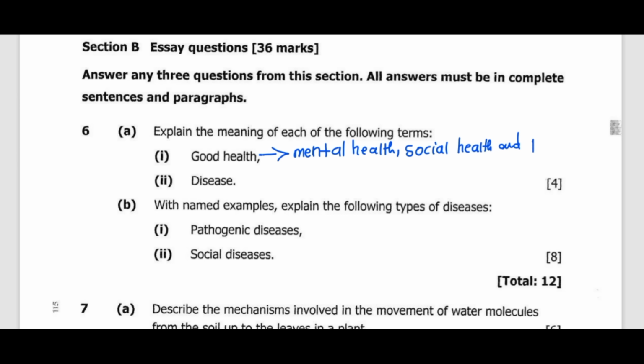Then the other one is what we call physical health. Physical health has to do with the body functioning properly. So for someone to have good health, all these 3 must be in good condition. So that's what I can share for good health. Then for Roman numeral 2, we are looking at disease. Now a disease is just the absence of health. It's not only about the physical.